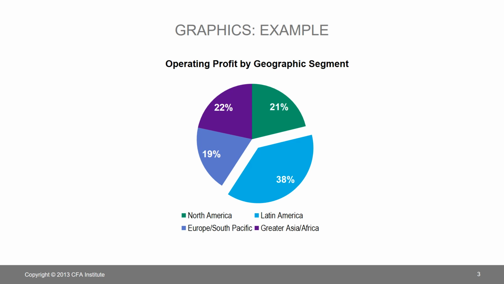Now, the pie chart allows the analyst to communicate about the geographical composition of the segment's operating profit. And most of the operating profit margin for Colgate-Palmolive's oral, personal and home care segment comes from Latin America, as you can see, as it represents 38% of the total operating profit.